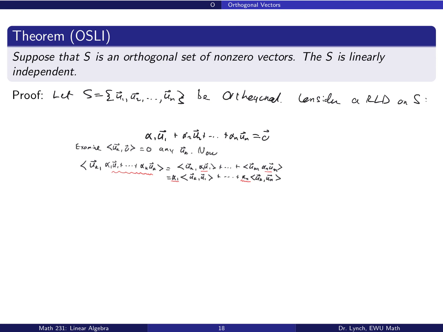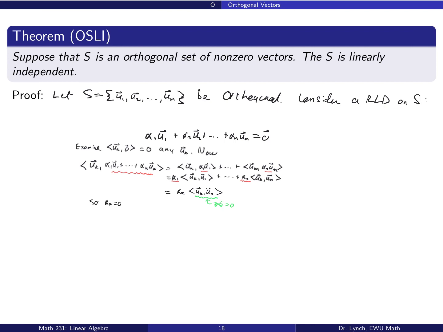Now, because the set itself is orthogonal, only one of these inner products matters, and that's the one where we're looking at the inner product of uk with itself. We know that the norm is positive definite, so the inner product of uk with itself is greater than or equal to 0, and in this case we've assumed that all of our vectors are not 0, so this is actually greater than 0, so it must be then that alpha k is 0.